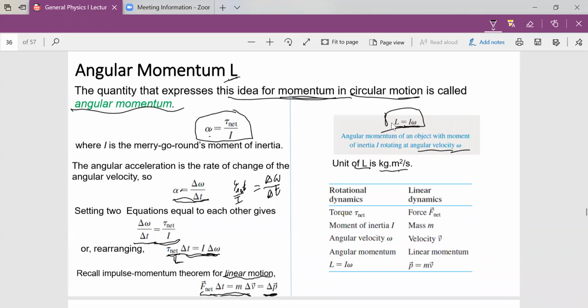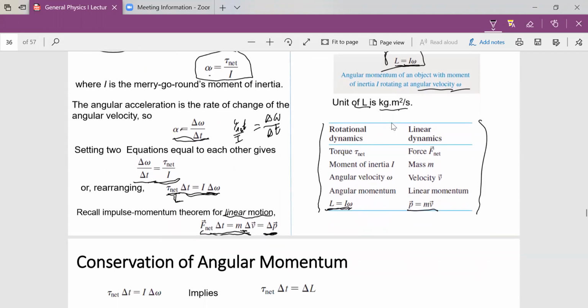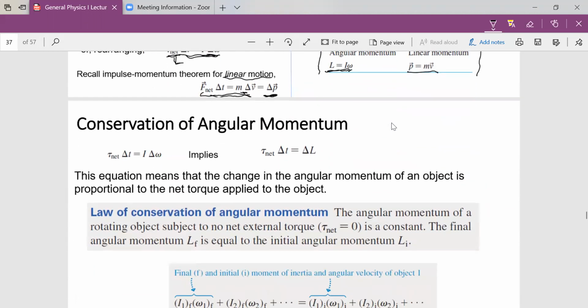Okay, so we can see the linear equivalent in the rotational dynamics. The expression p equals mv actually means, in the rotational dynamics, L, which is angular momentum, equal to the product of the moment of inertia and angular velocity. So we see everything we have known in the dynamics of linear motion being extended to the rotational.